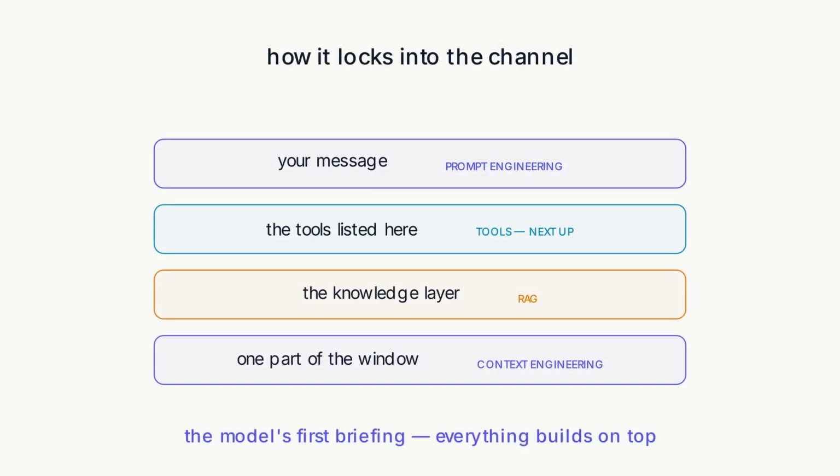Your own message, the craft from my prompt engineering video, is one more thing that arrives underneath these standing instructions. The tools listed here get their own deep dive next. The knowledge layer is where RAG plugs in. And the whole document is just one part of what fills the window from my video on context engineering. The instructions are the model's first briefing. Everything else builds on top.